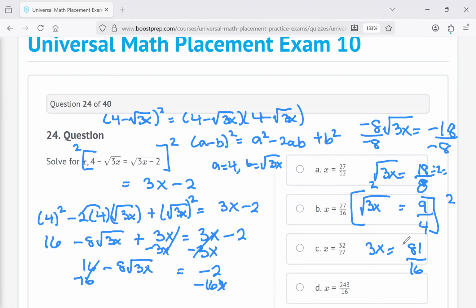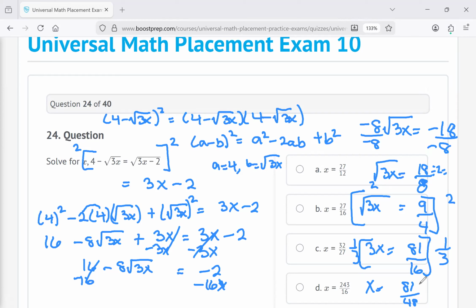I can divide both sides by 3, or multiply both sides by the reciprocal. So 81 over 16 times 1 over 3 is 81 over 48.